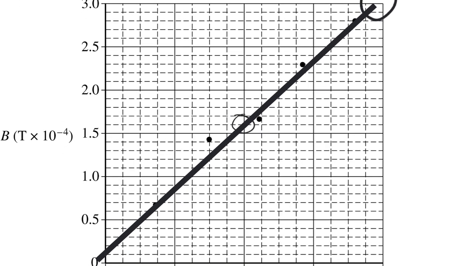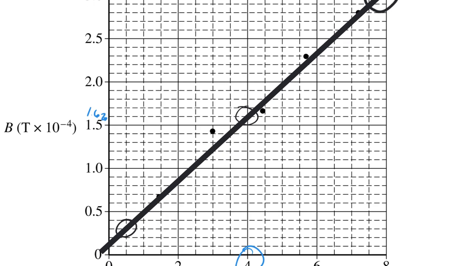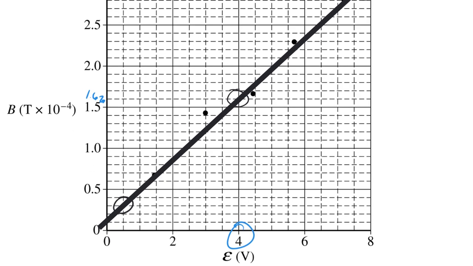I think I'll use that point and that point. Are those points okay for you guys? And that looks like it's at 1.6 and 4. And this looks like it's at 0.3, and if that's 1, then this is 0.5.